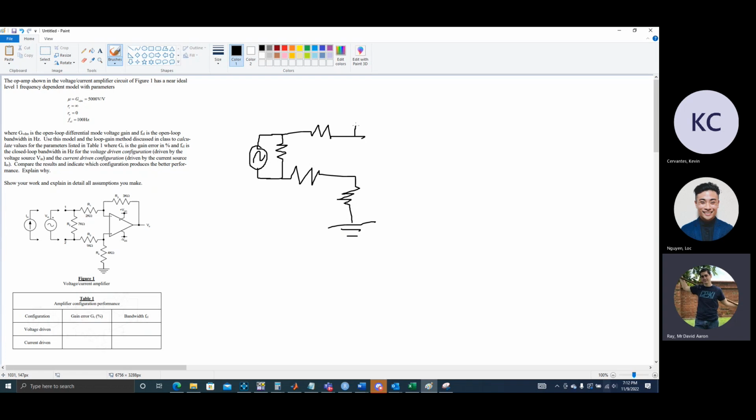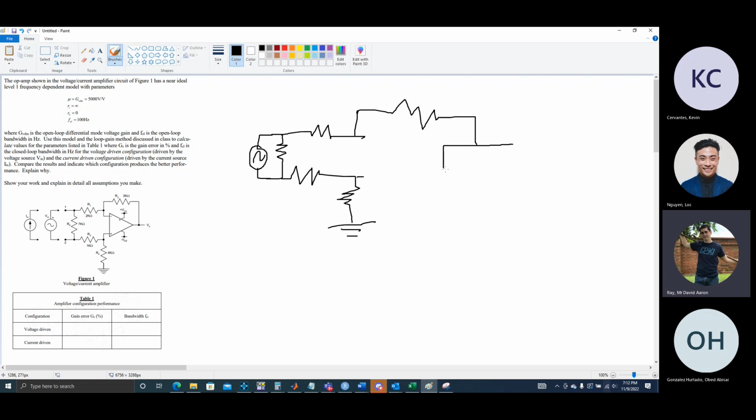Then we got another resistor coming up here, then it goes around to one last resistor. Got the output voltage, and since it's voltage driven, that means you're going to have a voltage source here called Vm. And then that's linked to ground.